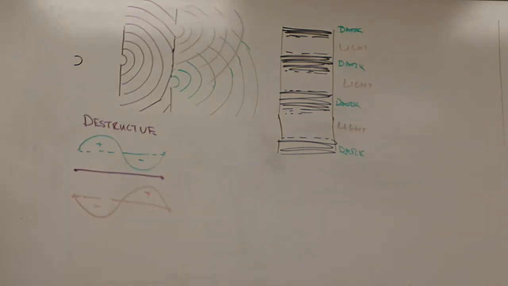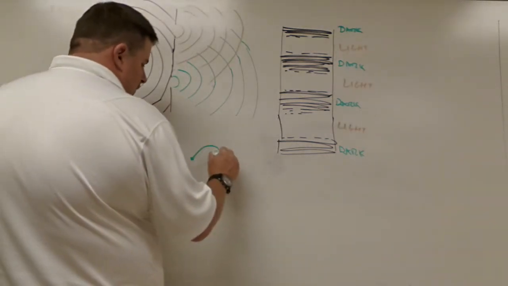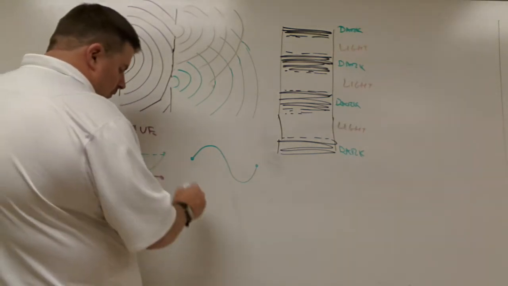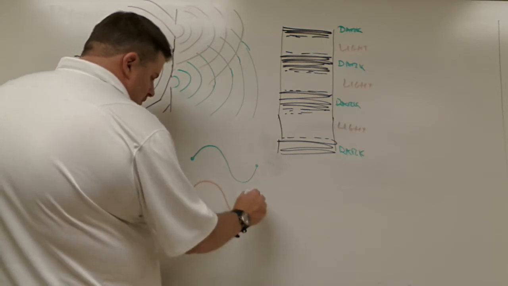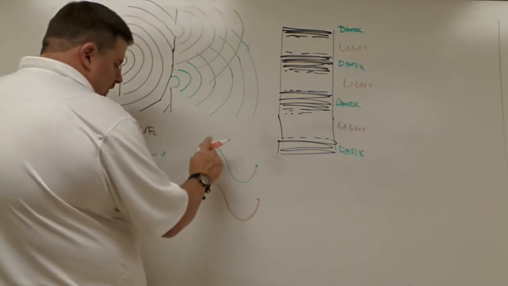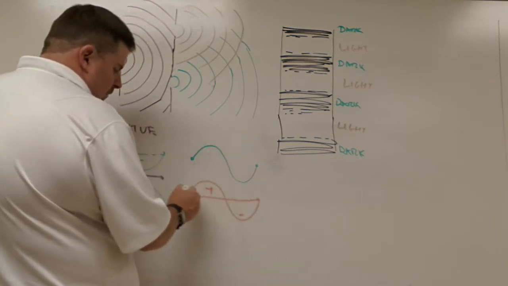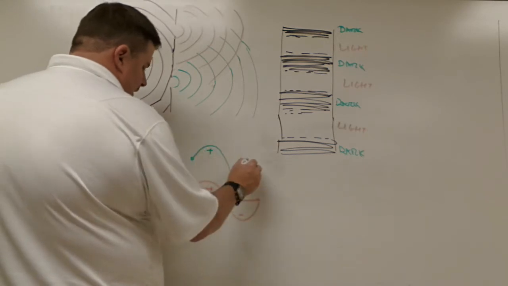If I do constructive interference, notice at this point my waves are going to line up. So at this point, my positive and my negative are going to be lining up with the green positive and negative.